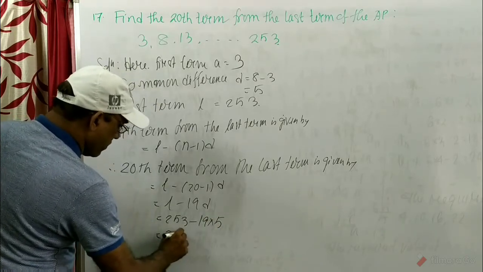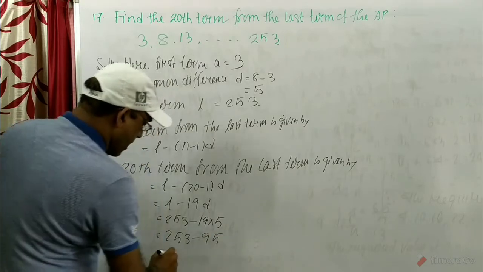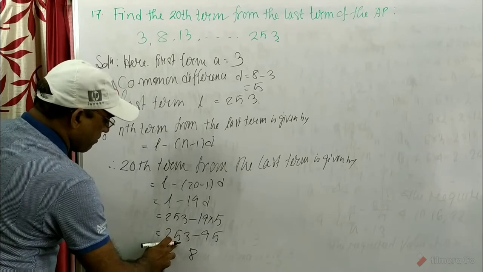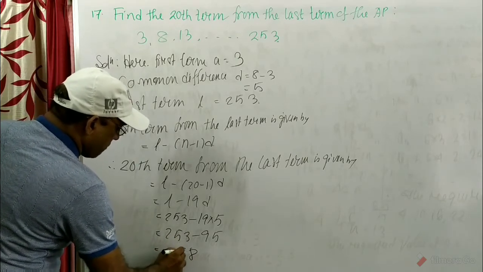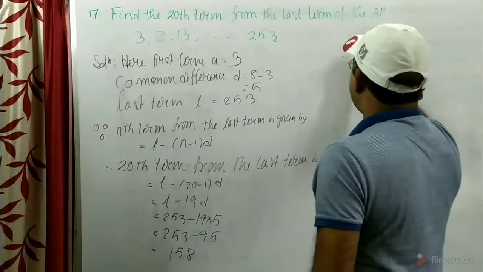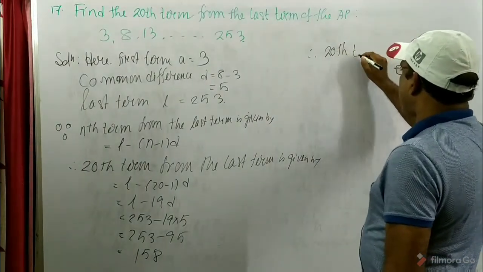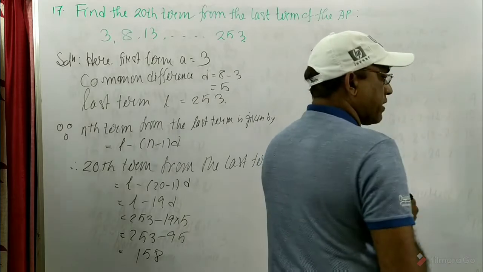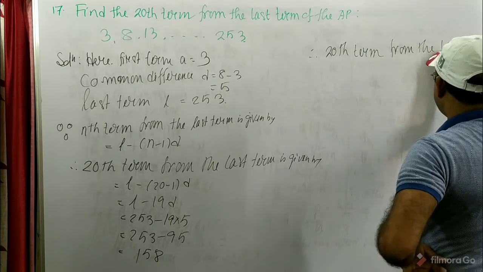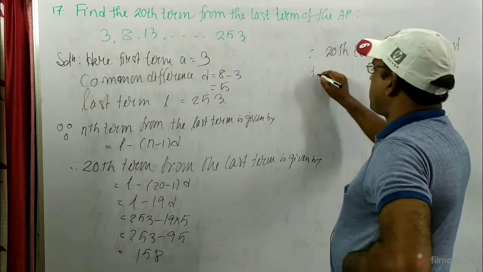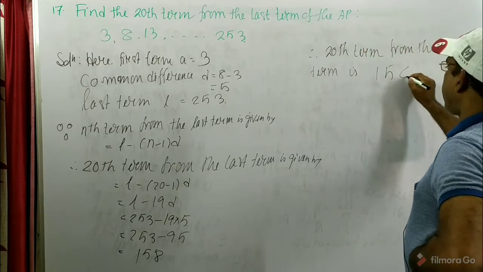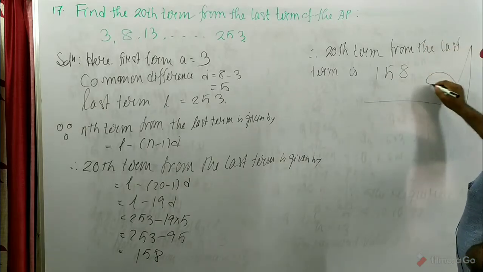This is 253 minus 95, and 13 minus 5 is 8, 14 minus 9 is 5, this is 158. This is our answer. Therefore the 20th term from the last term is 158, and this is our answer.